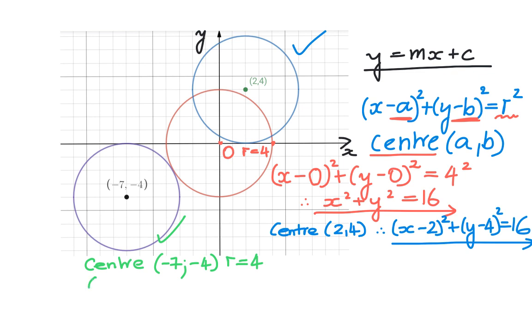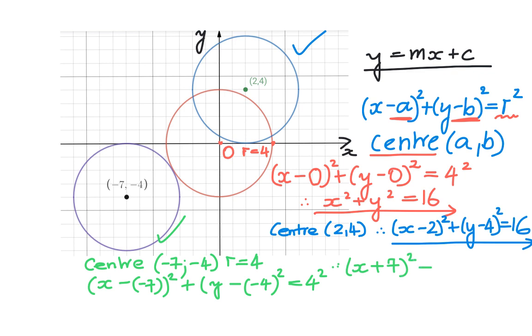Therefore, the equation will be (x minus -7) squared plus (y minus -4) squared equals 4 squared. If we simplify, that last circle has the equation (x plus 7) squared plus (y plus 4) squared equals 16. Okay, just stating an equation of a simple circle placed on the Cartesian plane.